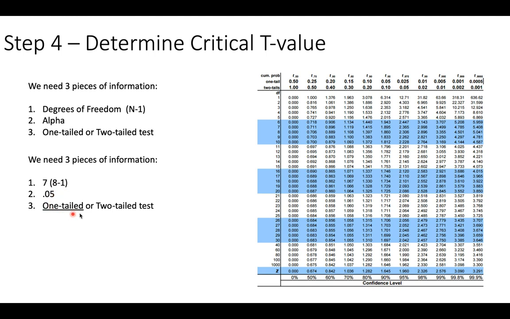So we have a one-tailed test. We're going to put these three pieces of information together, and they are going to provide us the critical value for our t, which will then serve as our benchmark for making a decision about significance.